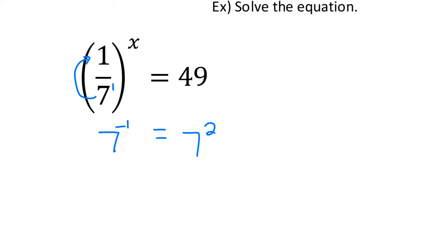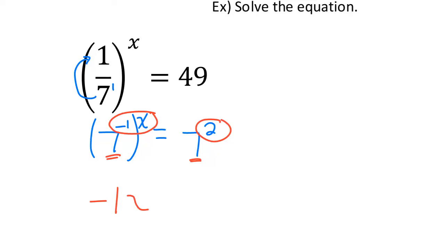So 7 to the negative 1 raised to the x power. And again, now I have the same base. So now my exponents can equal. And that negative 1 to the x power, that means you're just going to multiply them. So that's just going to be negative 1 times x equals 2.